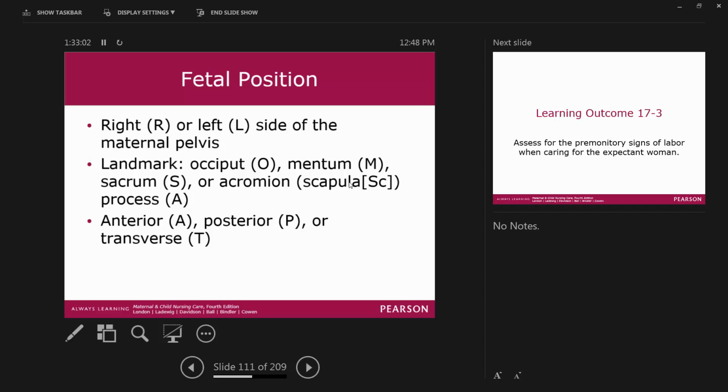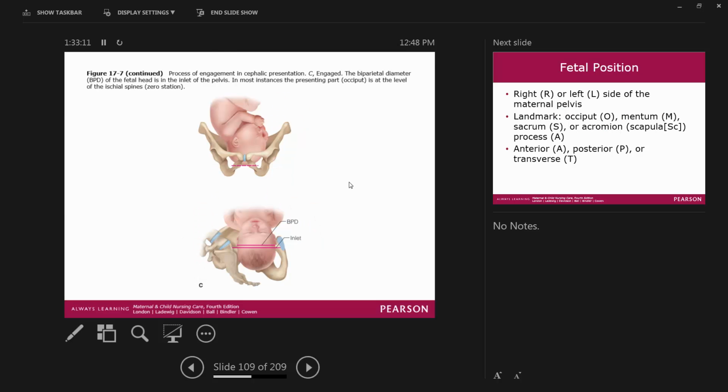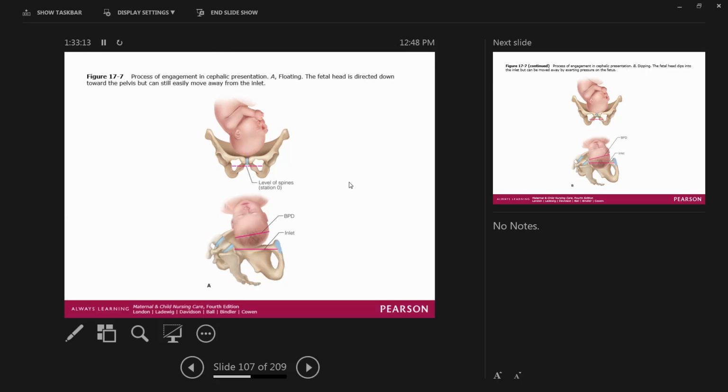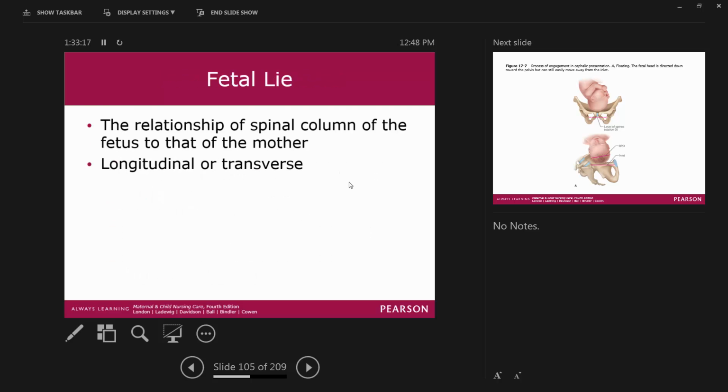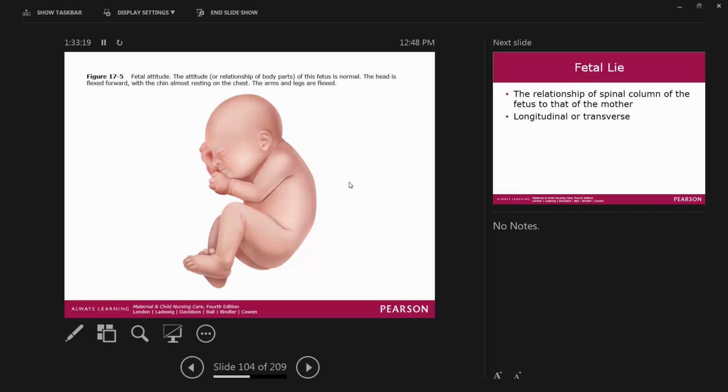Anyways, so we want to know what the back part of the head is. So this part of the head, okay, is the smallest diameter, and yes, it gets bigger as we go down.